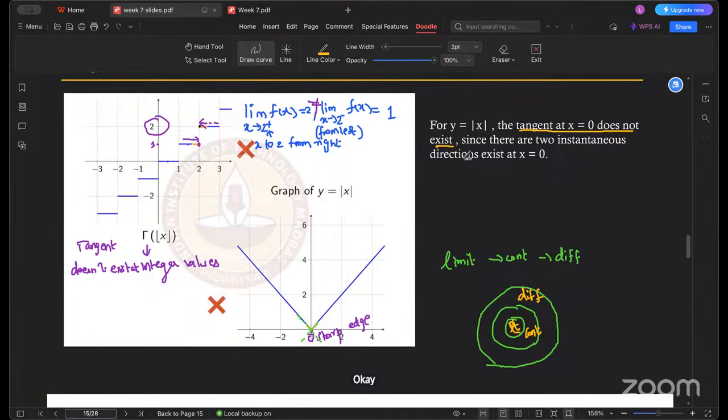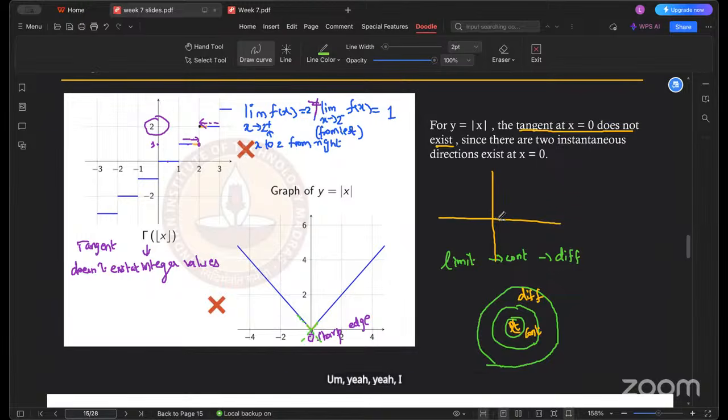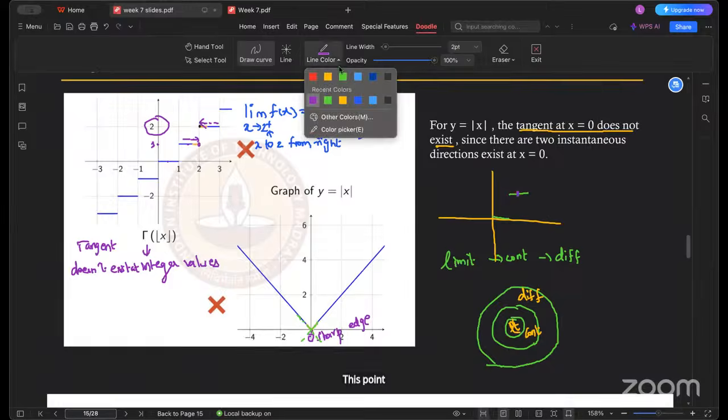Okay, so this is the step function, and we are considering one particular point here. What is the tangent at this point?